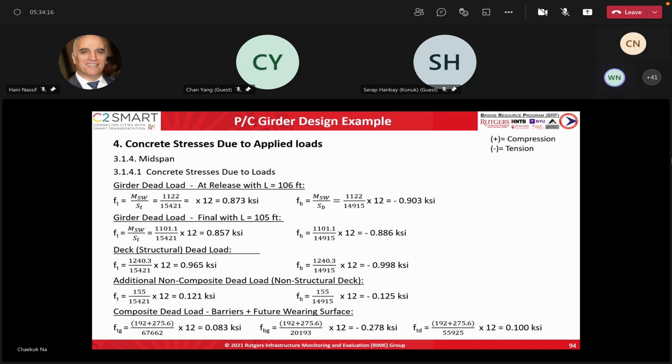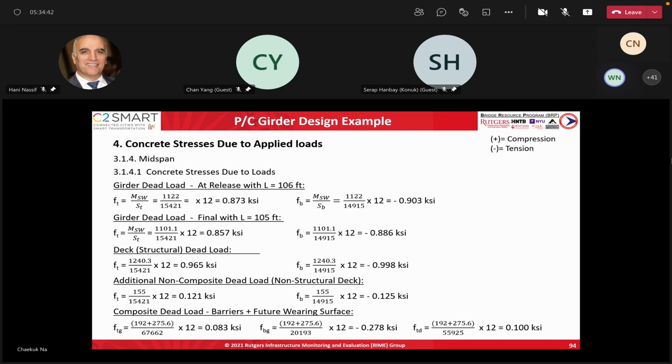Now we can calculate the girder dead load at release and after, and final. Now what's the difference? The difference is that you know that it's half a foot outward from either support, which are the girder ends. So at release, the girder wasn't placed on its supports, so it was on the ground.